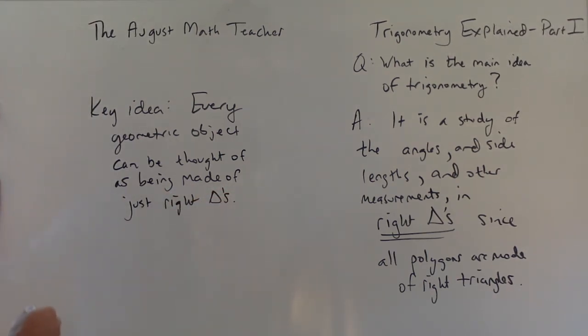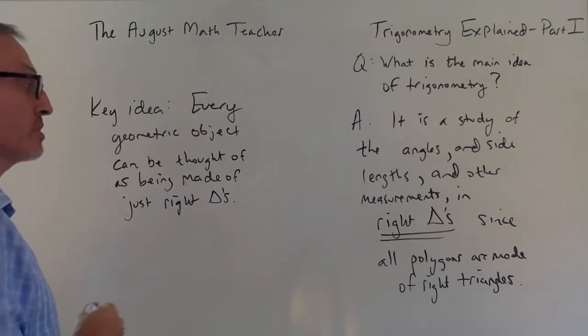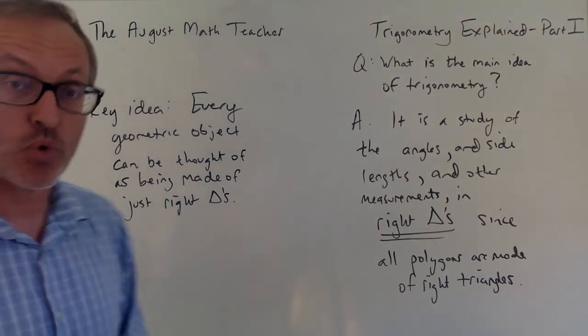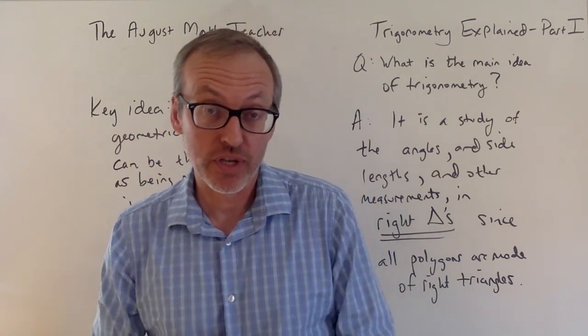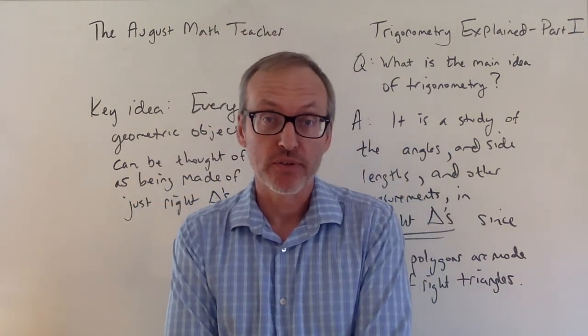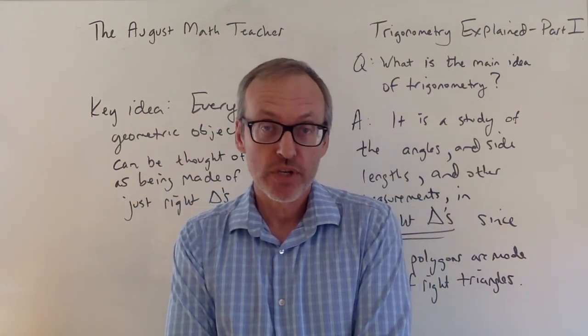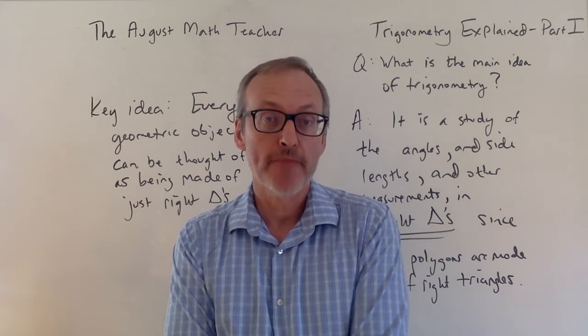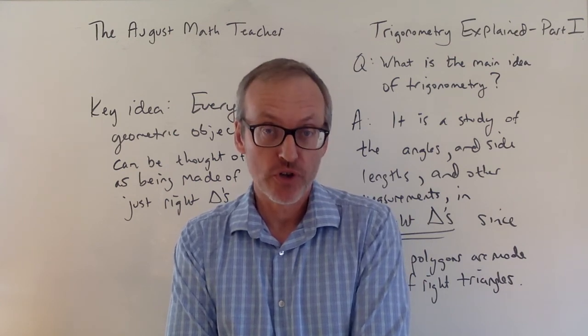So trigonometry is the study of those so that we can understand more about non-right triangles and about other kinds of objects. The second video is going to give you some details, so I encourage you to go to that one.